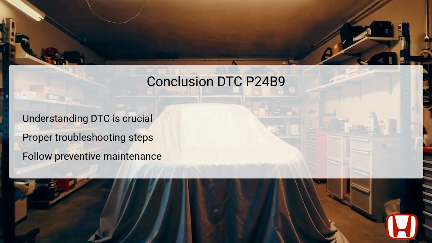Following the outlined troubleshooting steps methodically ensures accurate diagnosis and effective repairs, thus restoring functionality to the system. Regular preventive maintenance plays a key role in avoiding similar issues in the future, reinforcing the overall health of the vehicle. By adhering to these guidelines and remaining vigilant about any symptoms or warning signs, owners can maintain their Honda CRV in optimal condition, promoting longevity and reliability.